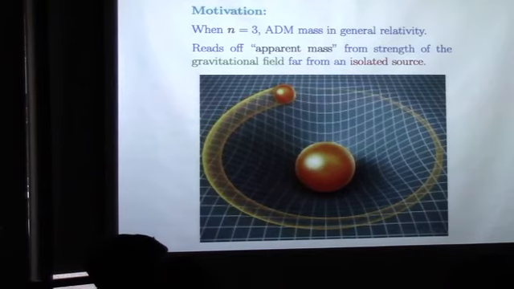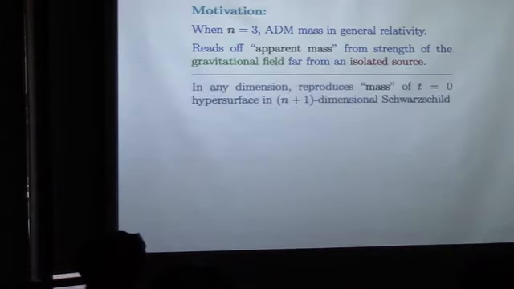So even in empty space, you can have an effective apparent mass of a system. So this number is supposed to model, if you go to the Newtonian approximation of gravity at infinity, how would this gravitational system behave? What would you think its total mass was?